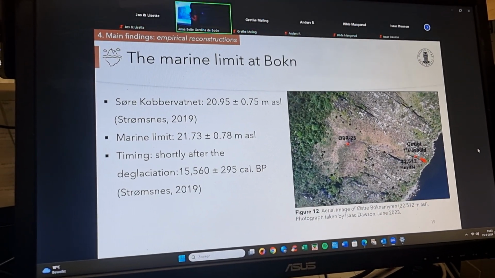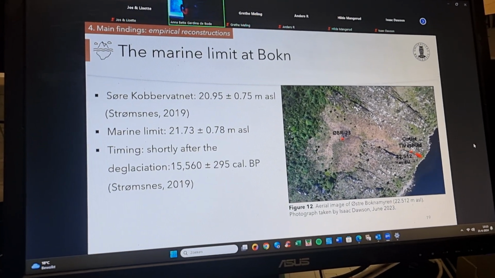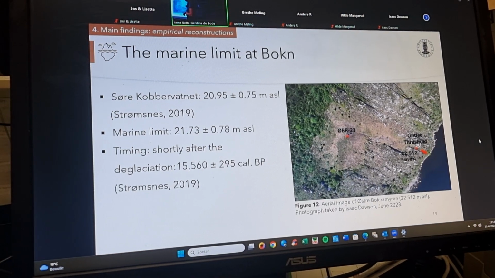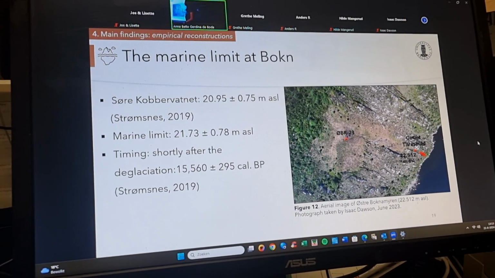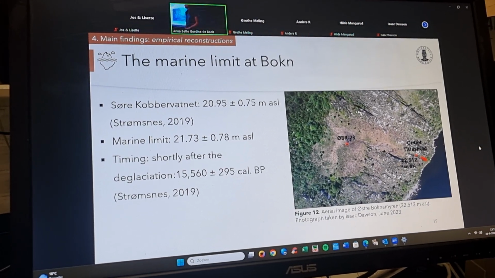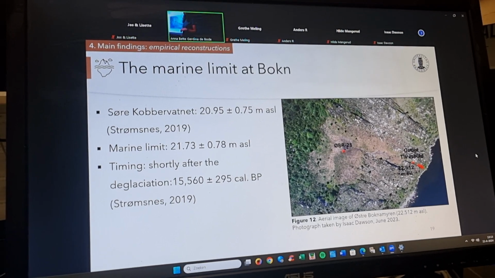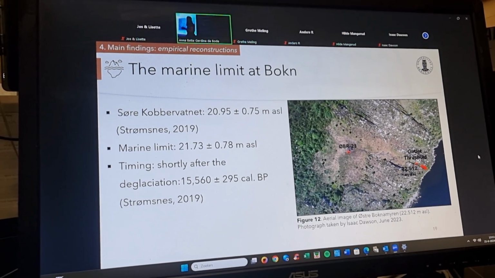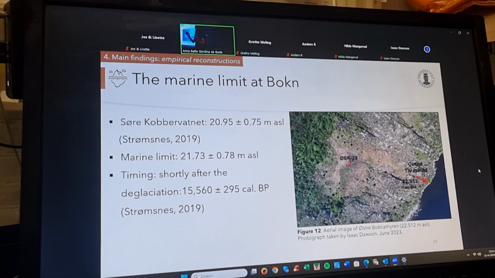So for the marine limit at Buchan, we went to this bog that I showed you the nice video of. This bog is located slightly higher than the minimum constraint of the marine limit so far, which is at 20.95 meters above sea level, constrained in the study by Stone since 2019. So I was curious: we know that sea level reached up to this altitude, but does it reach a higher altitude?